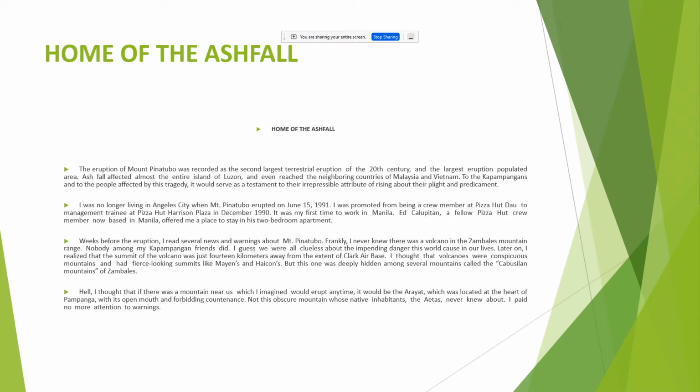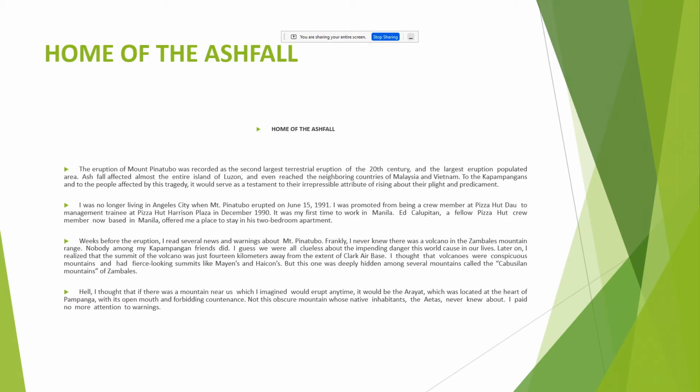Explain mo muna. About Home of the Ashfall, ito yung about sa pagputok ng Pinatubo.